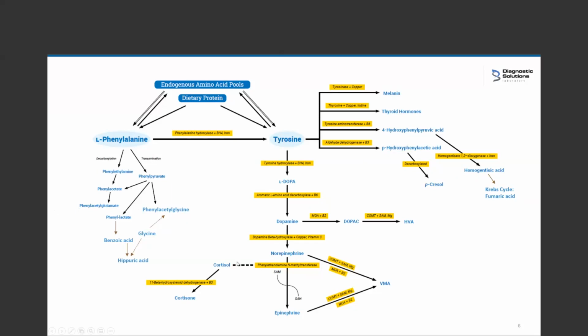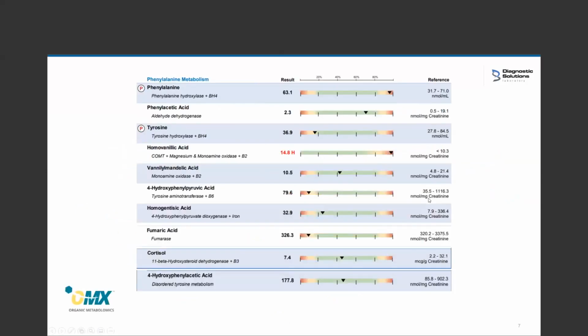It's good to look at cortisol because norepinephrine to epinephrine is impacted by cortisol. It's also good to look at the breakdown with gut microbiome. So p-hydroxyphenylacetate gets decarboxylated to p-cresol. All that's to say, when I'm looking at metabolomic data, I want to see a full pathway. I want to see phenylalanine and where it is.